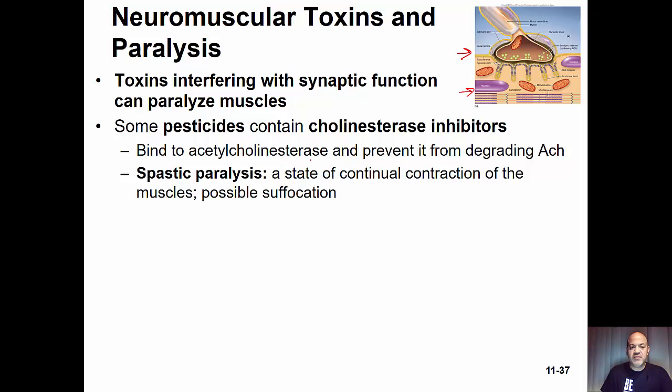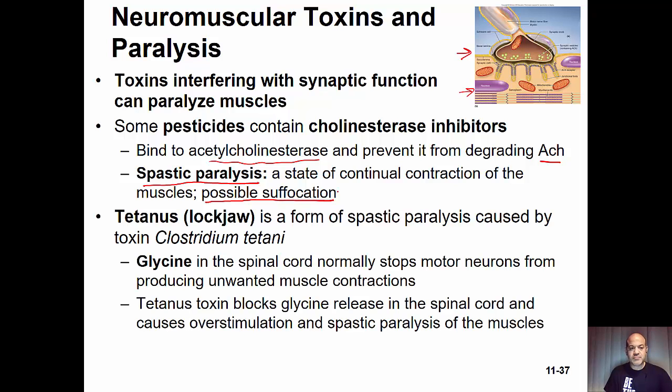What happens here is the pesticides bind to acetylcholinesterase and prevent it from degrading acetylcholine. This would cause a condition called spastic paralysis, which is a state of continual contraction of the muscles. And since some muscles that control breathing, control the opening to your airway, can go into spasm, you could possibly suffocate, so that's not good.